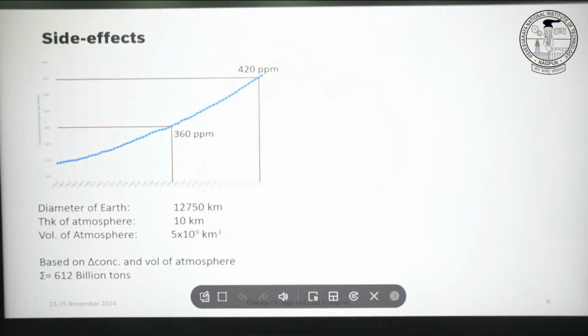Then I did a small calculation that you guys can also do. That's the diameter of Earth, and I just did a small calculation. We have the atmosphere up to about 10 kilometers, so thin that you can ignore it. Going from 360 to 420, if I calculate back with simple mathematics, the volume of the sphere with the diameter of Earth plus the height of the atmosphere, I ended up with 612 billion tons of CO2 that human society has released over the last, I don't know, 25-30 years.